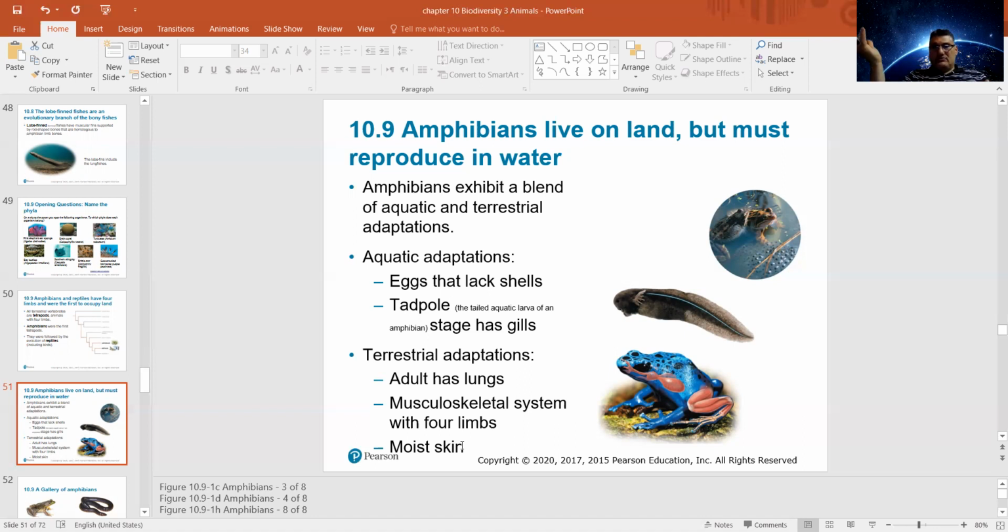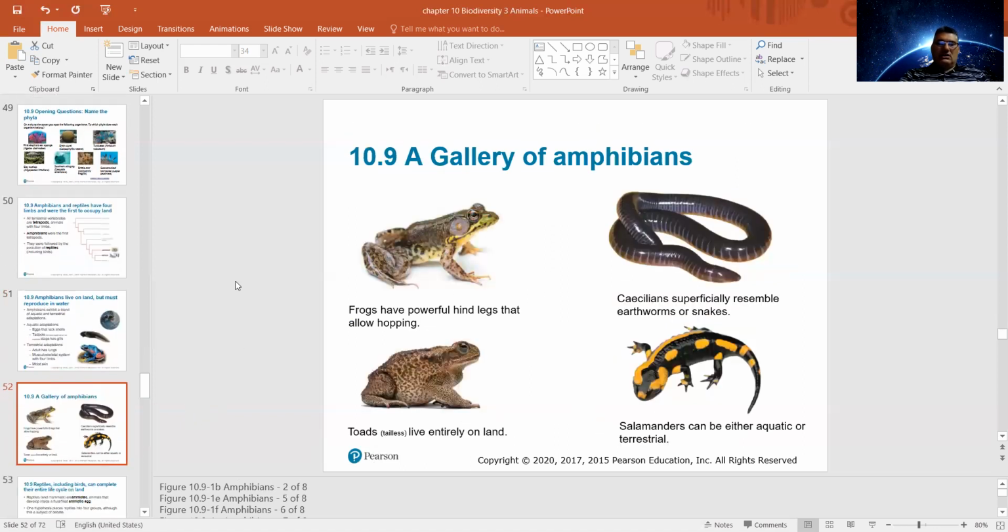Unlike aquatic creatures, which don't need moist skin because they're always in the water, so they are not afraid to lose their water. These amphibians have to have moist skin in order to keep their moisture inside.